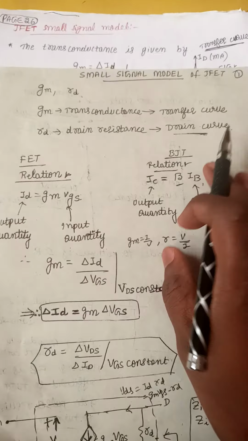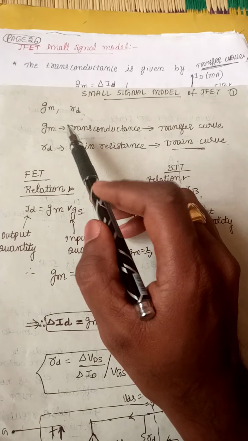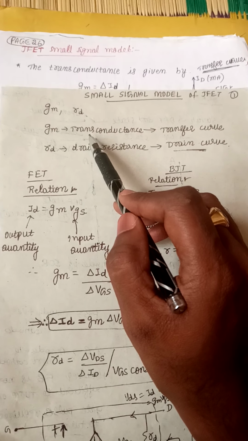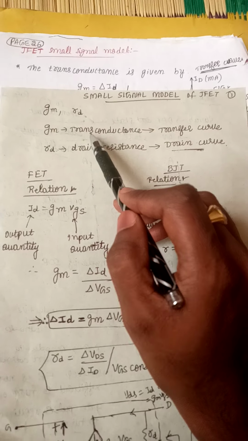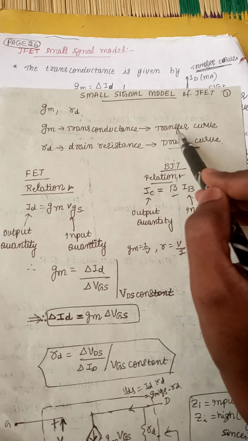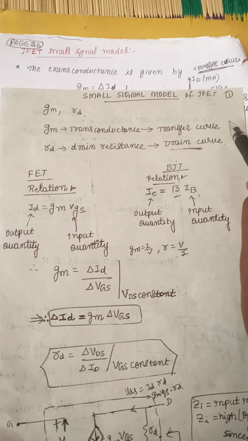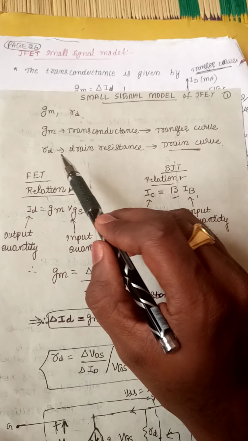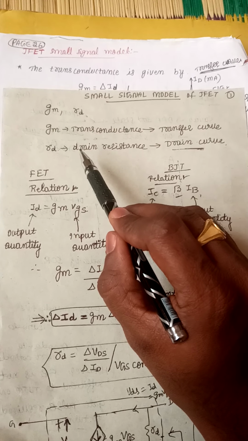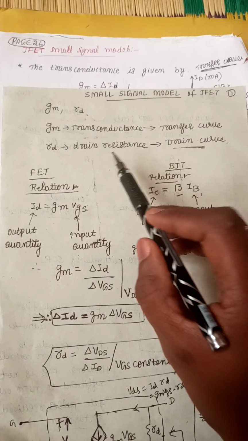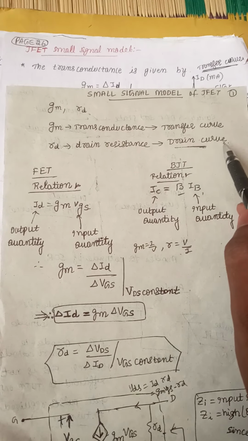So in order to draw the small signal model, you should derive the expressions for transconductance and drain resistance. Transconductance is nothing but the reciprocal of resistance. This transconductance value we derive from the transfer characteristics. Drain resistance RD, this value we get from the drain characteristics.